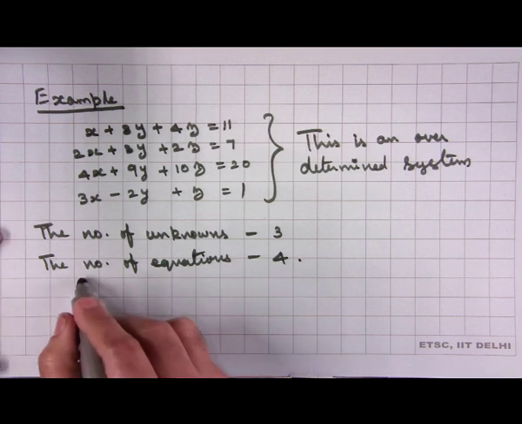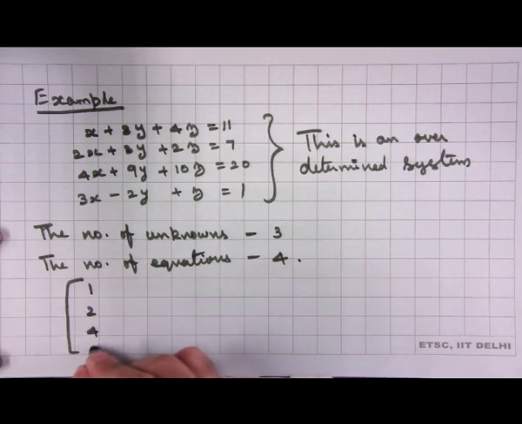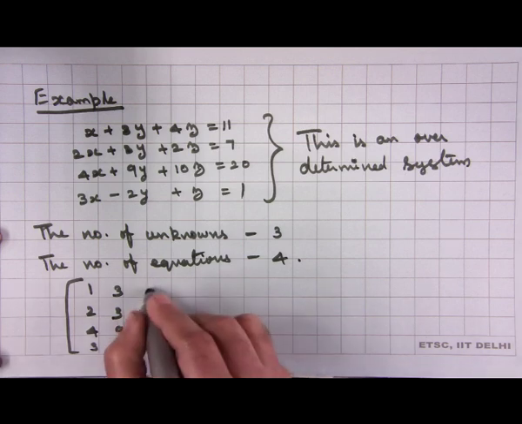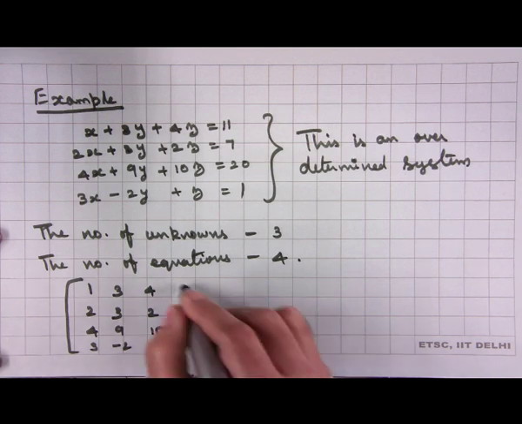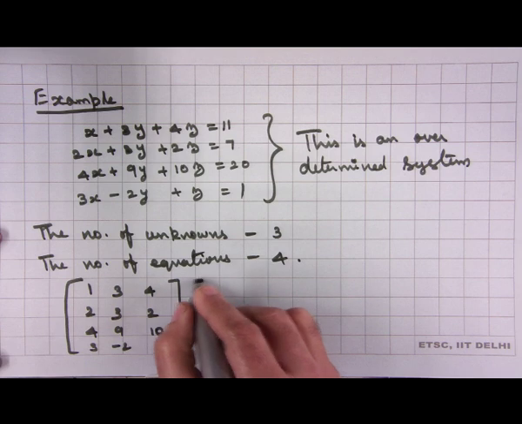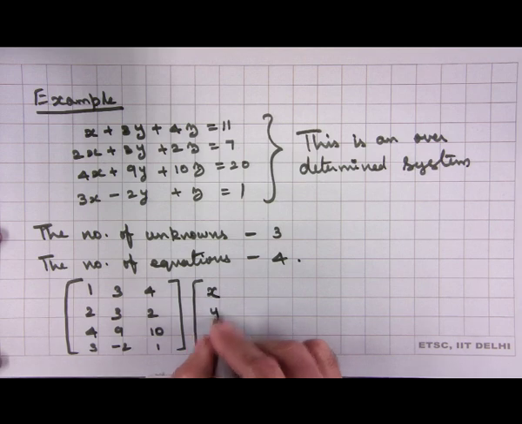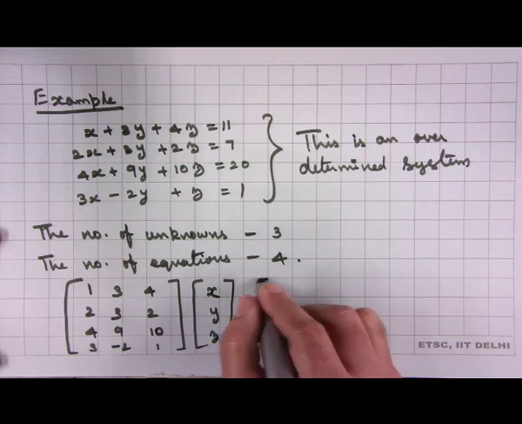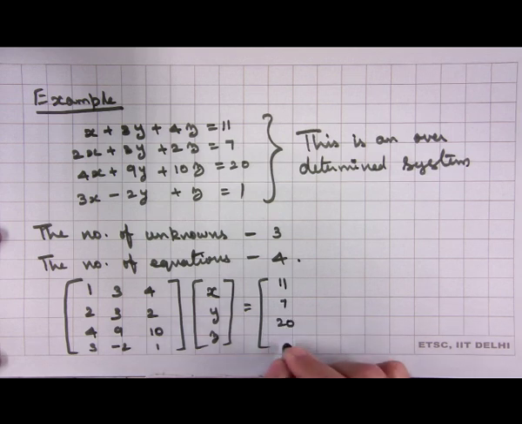Now, let us try to write down in the form of matrix 1, 2, 4, 3, 3, 3, 9, minus 2, 4, 2, 10, 1, when applied on the unknowns x, y, z should give me the constant vector 11, 7, 20 and 1.